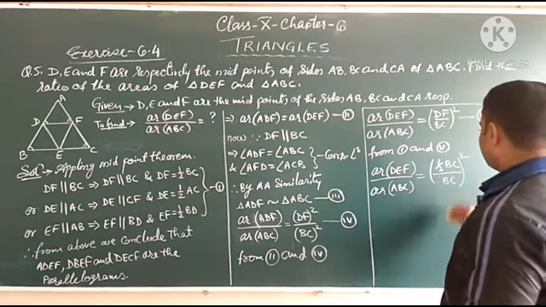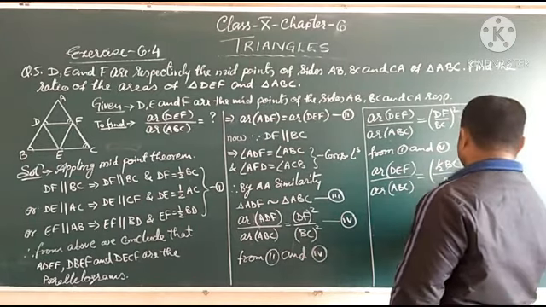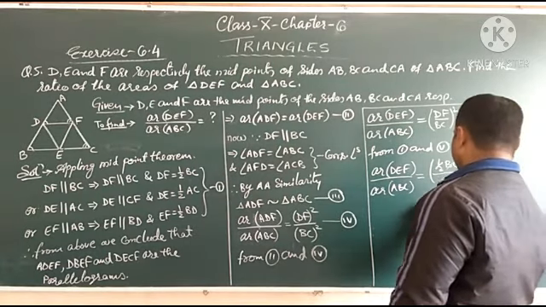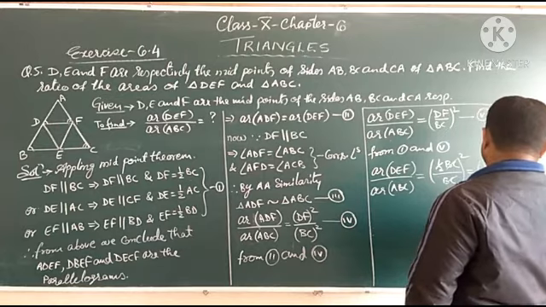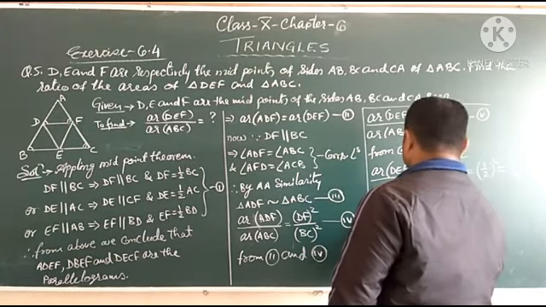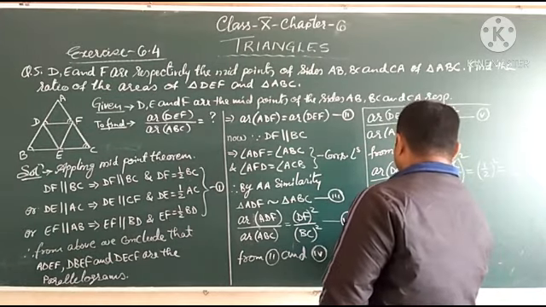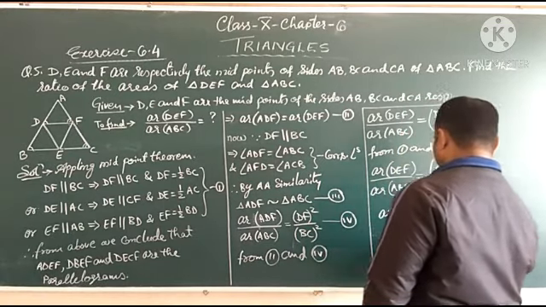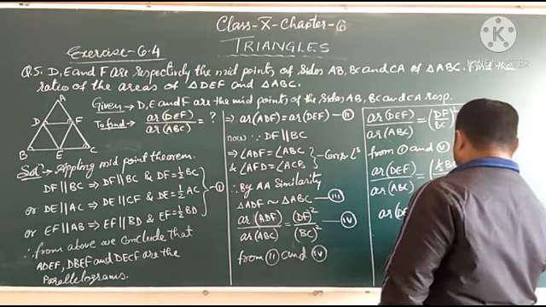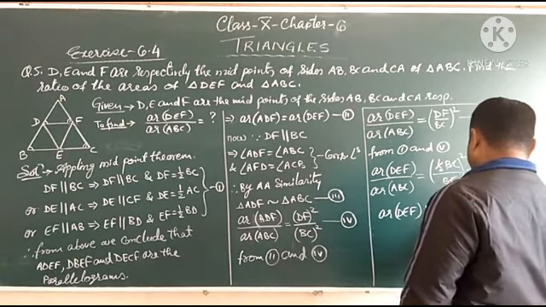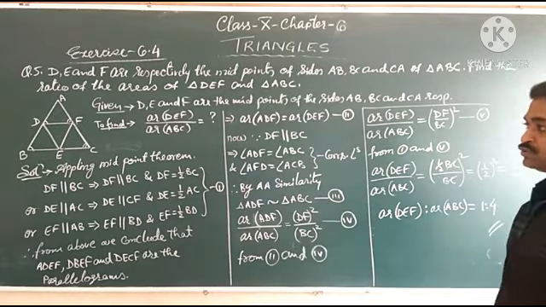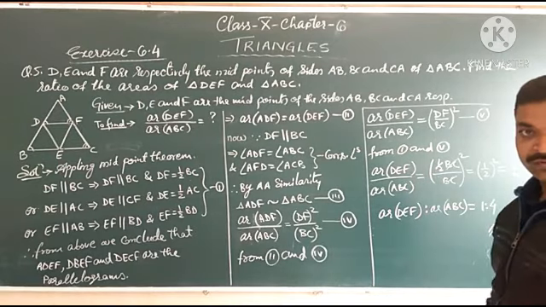Clear? Then BC cancels, equal to 1 upon 2 whole square, that is equal to 1 upon 4. So the ratio of area of DEF to area of ABC is 1:4. So students, pause the video to note it down.